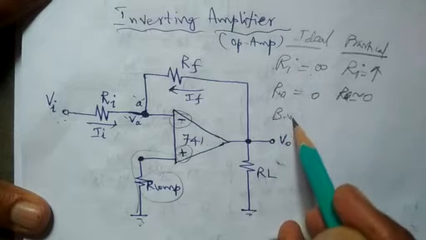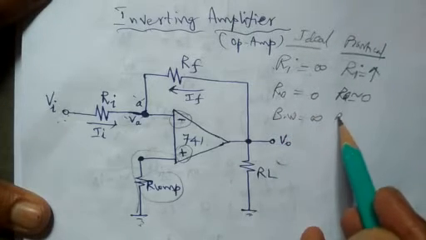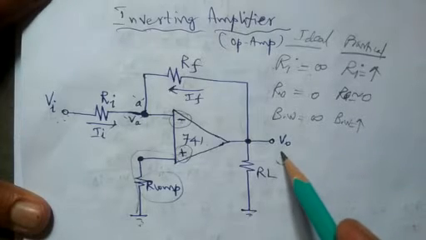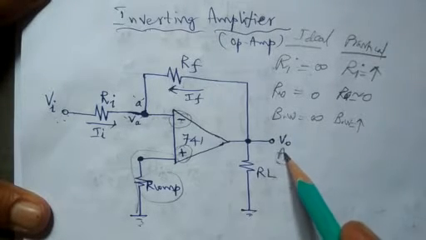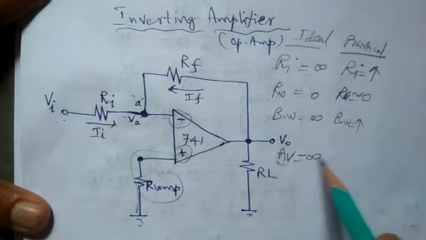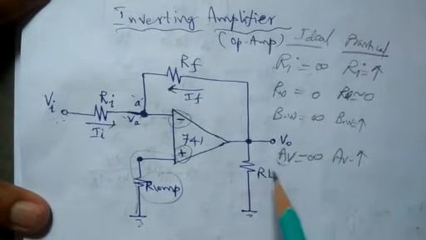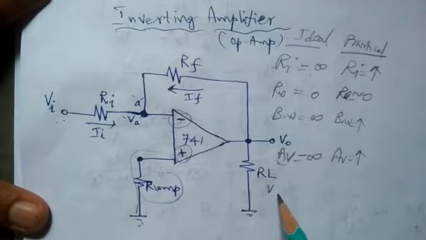Bandwidth is infinity in the ideal case and maximum in the practical case. The open loop voltage gain AV is infinity in the ideal case and very high in the practical case.